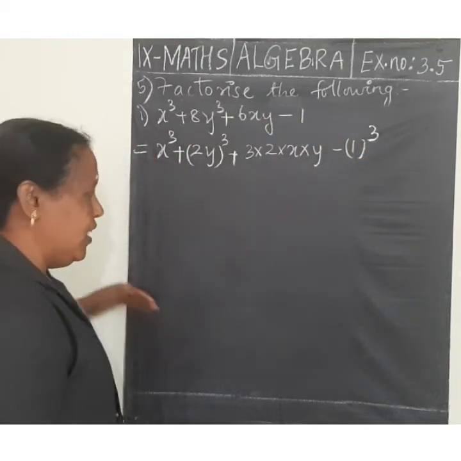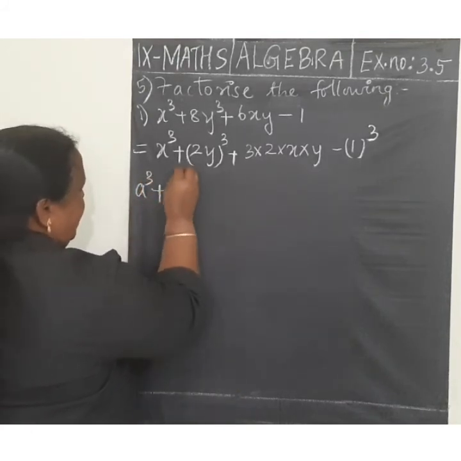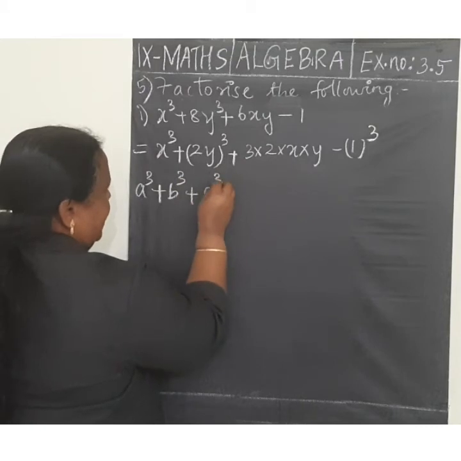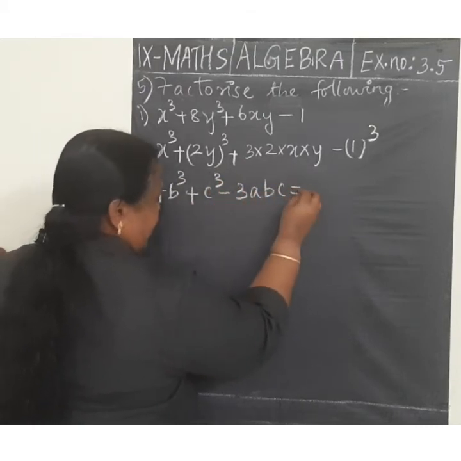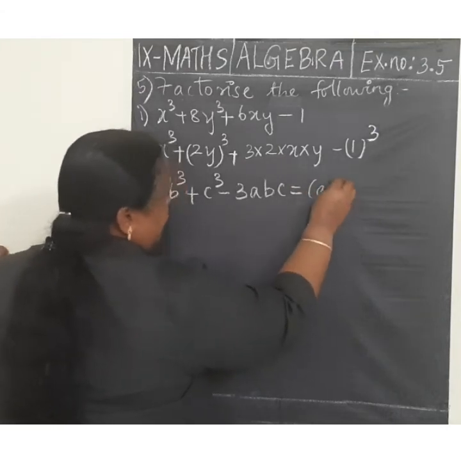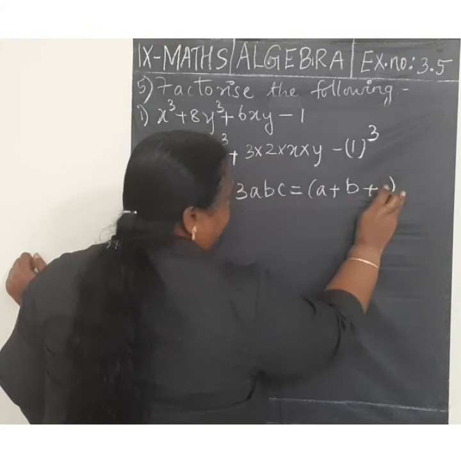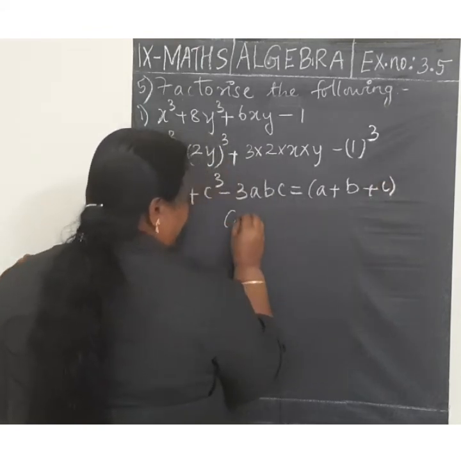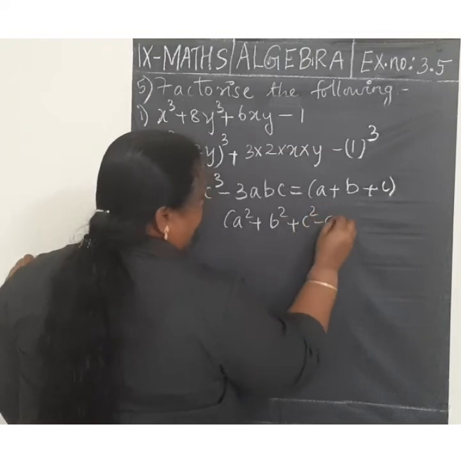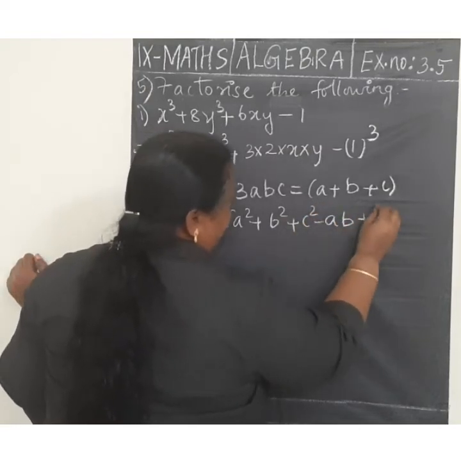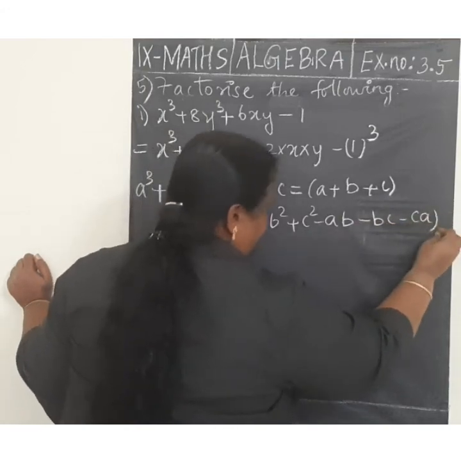So we are comparing with the identity a cube plus b cube plus c cube minus 3abc is equal to a plus b plus c into a squared plus b squared plus c squared minus ab minus bc minus ca.